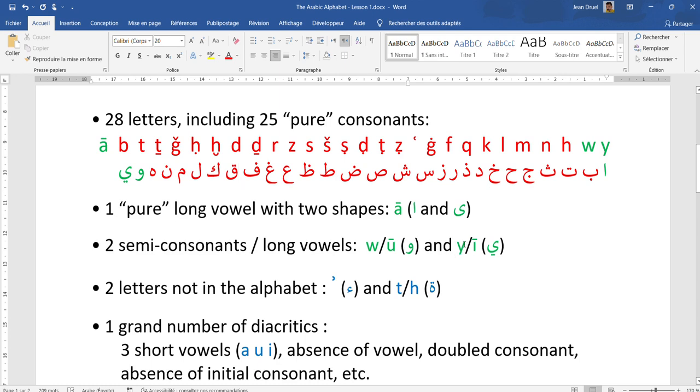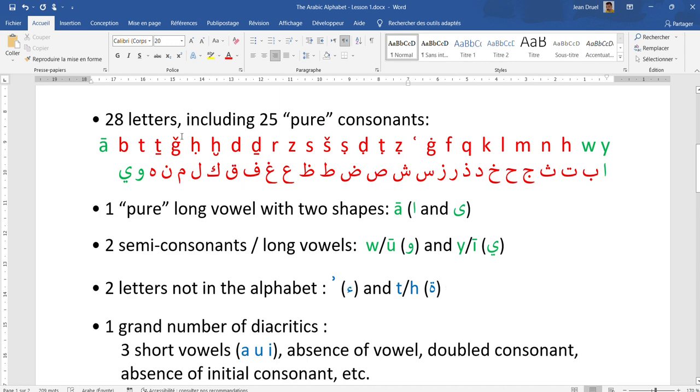This one would be ya, yu, yi when used as a consonant, and e when used as a vowel, depending on any sign that had been put on it to distinguish between the consonant and the vowel. Then we have 2 more letters that are not in the alphabet, this one and that one.